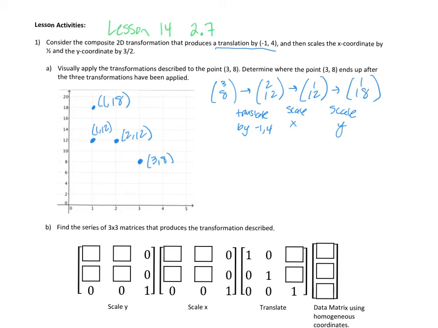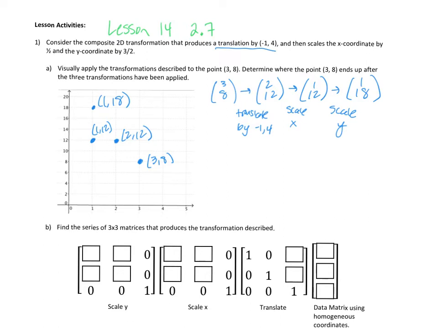Okay, so visually we can follow a point and figure out where it lands, but I'm going to set up a series of 3x3 matrices that will produce this transformation. In the event that I want to move like 1,000,000 pixels this way, I don't want to do this 1,000,000 times.